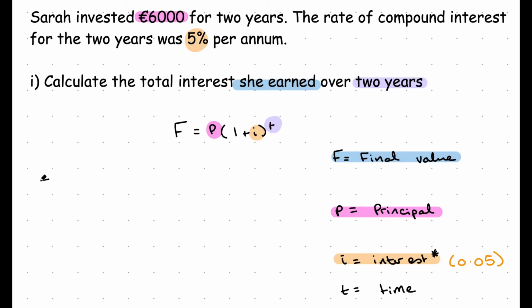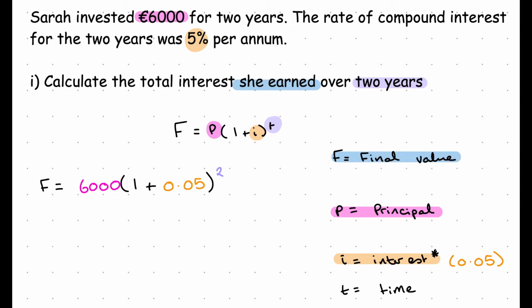F is equal to P, which is what she's putting in, which is going to be 6,000, multiplied by (1 plus I), and I has to be written as a decimal, all to the power of T, which is going to be 2. Make sure it's 6,000, not 600.